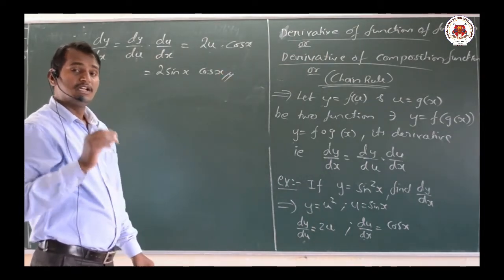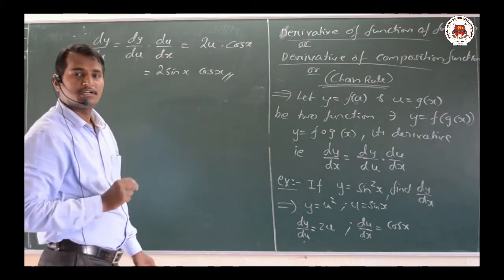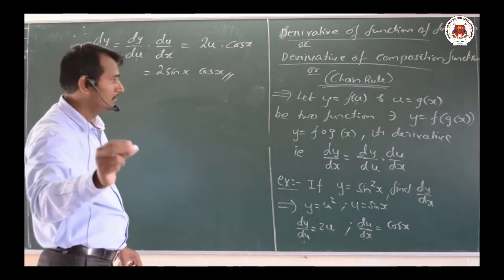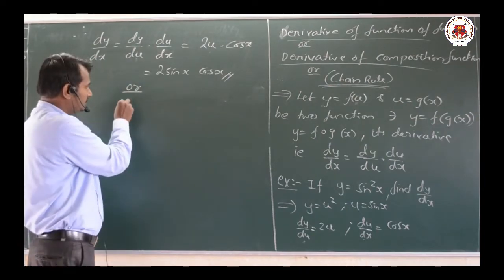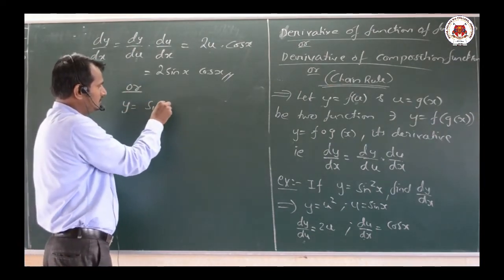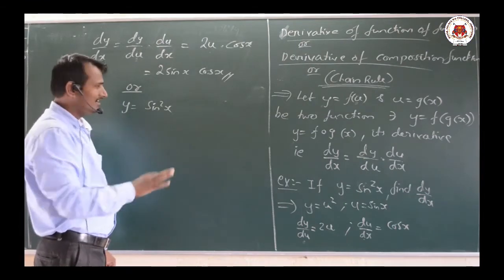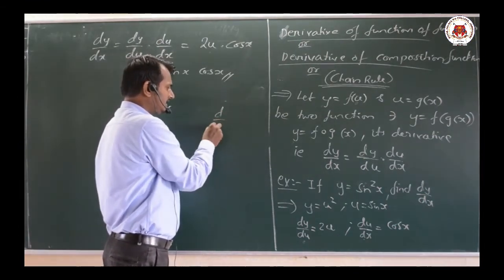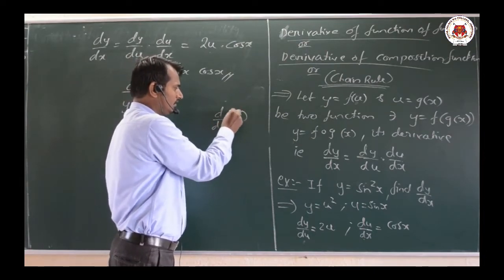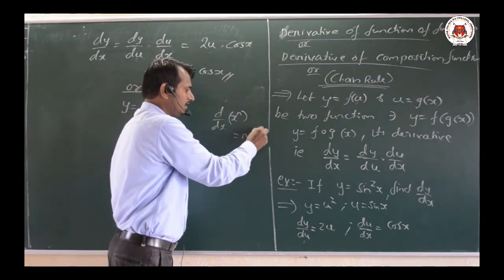Now I will tell you the shortcut method for solving it. It is very important, please be attentive. We have the function y is equal to sin square x. Treat it as x square. The formula for d by dx of x raised to n is n into x raised to n minus 1.